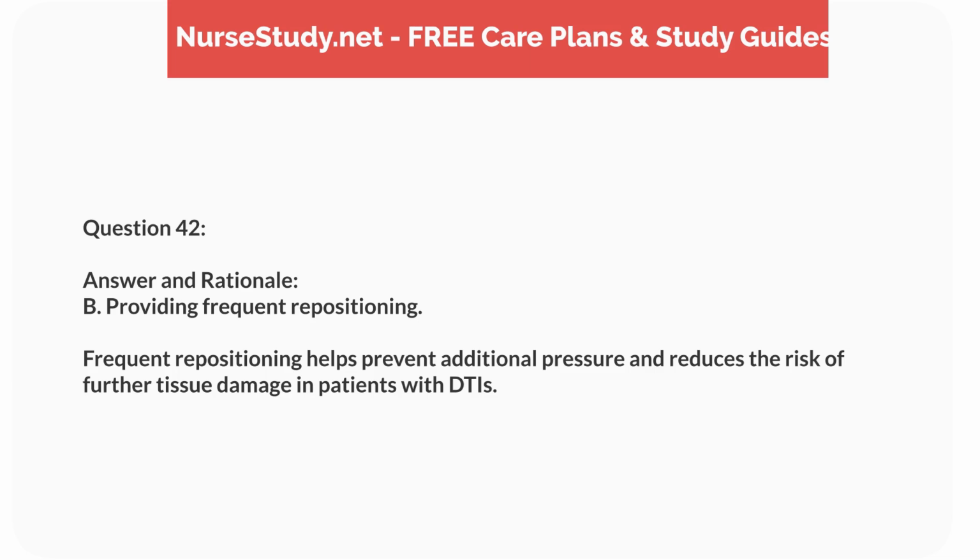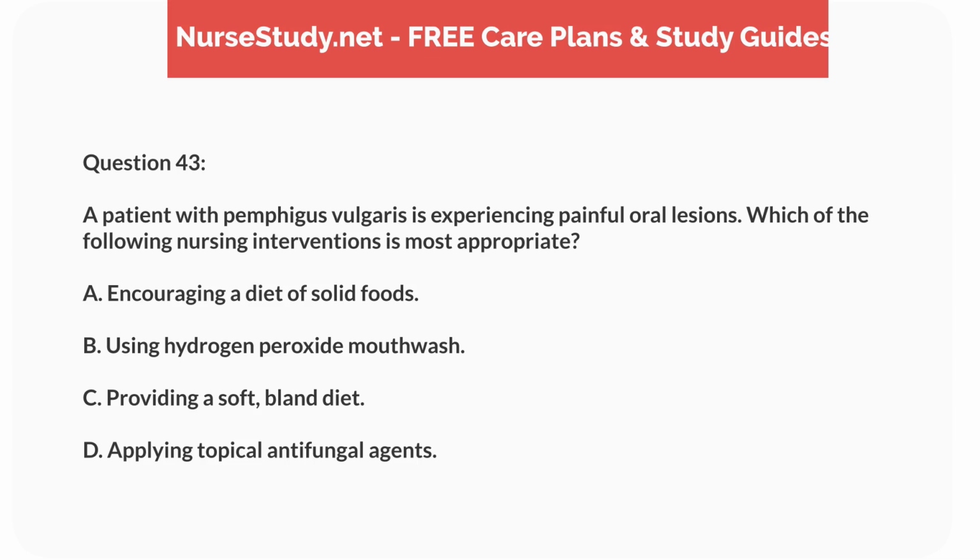with DTIs. Question 43. A patient with pemphigus vulgaris is experiencing painful oral lesions. Which of the following nursing interventions is most appropriate? A. Encouraging a diet of solid foods. B. Using hydrogen peroxide mouthwash.